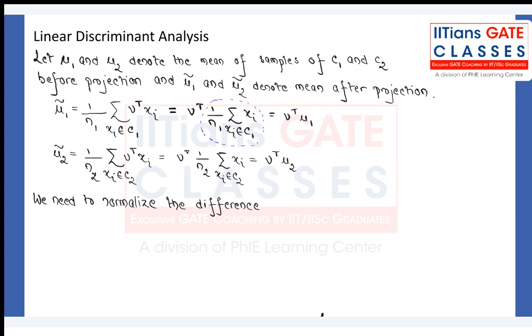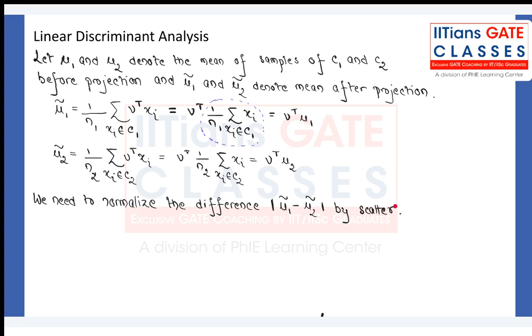The difference in mean, which is the absolute value of mu1 minus mu2, the difference in mean, by the scatter. Now, what is a scatter? Okay, so what is a scatter?